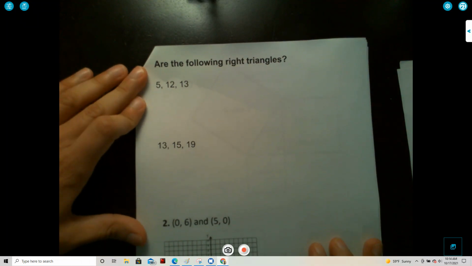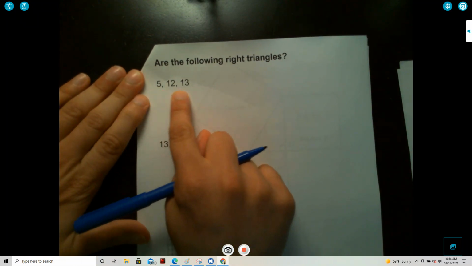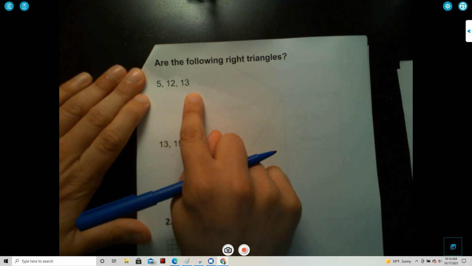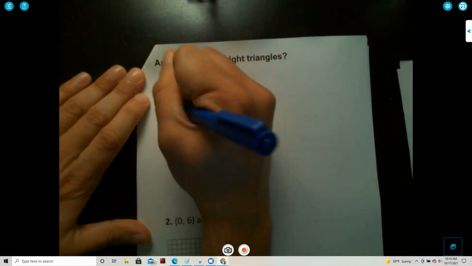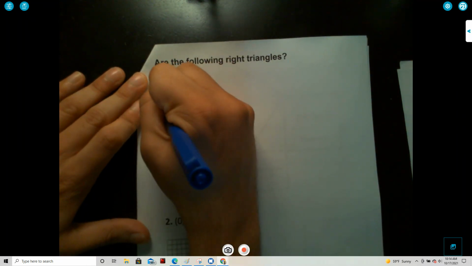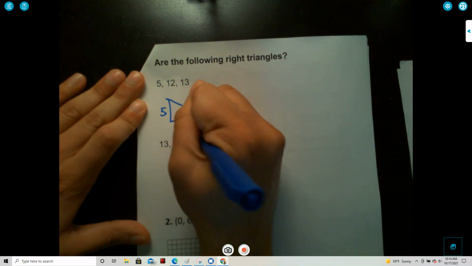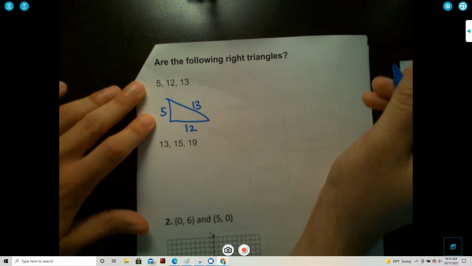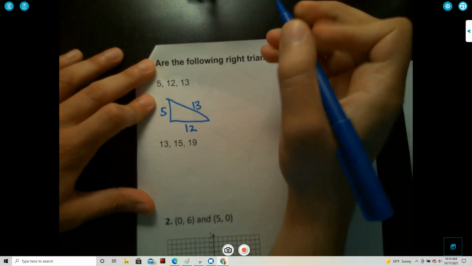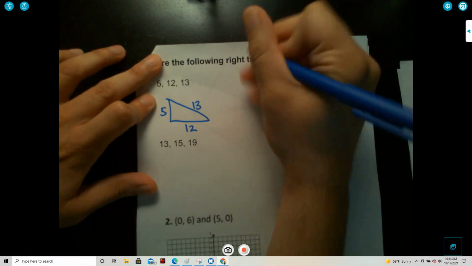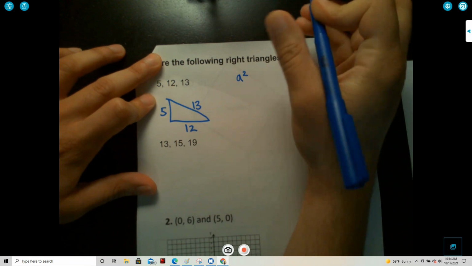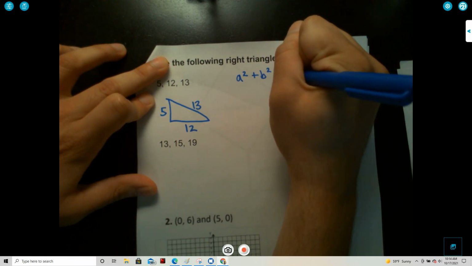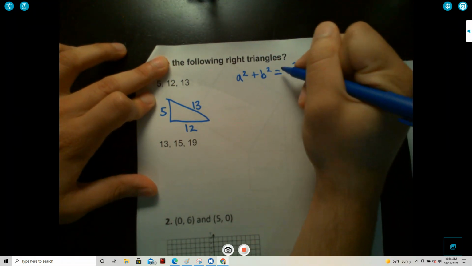All right, this one's asking, so remember, whenever you're given a set of three numbers, you're going to assume that they are the side lengths of a right triangle. So they're telling us that 5 squared plus 12 squared equals 13 squared. The formula for Pythagorean theorem is a squared plus b squared equals c squared.